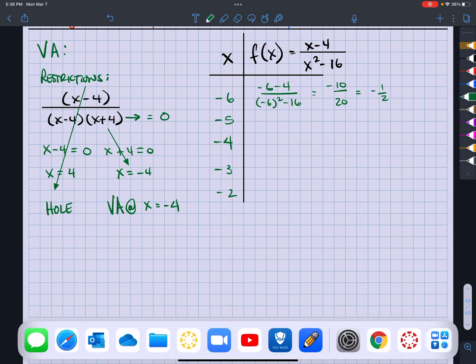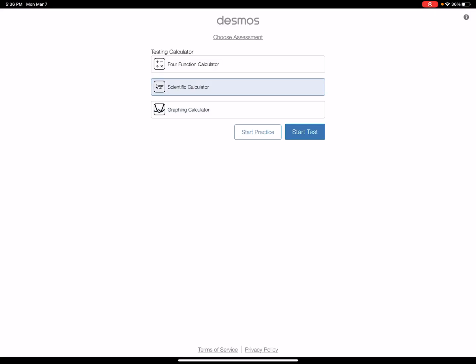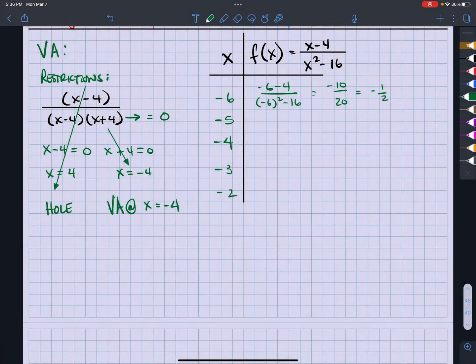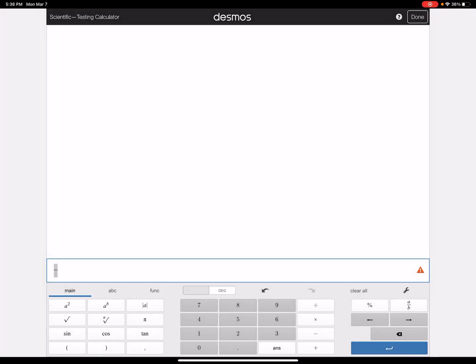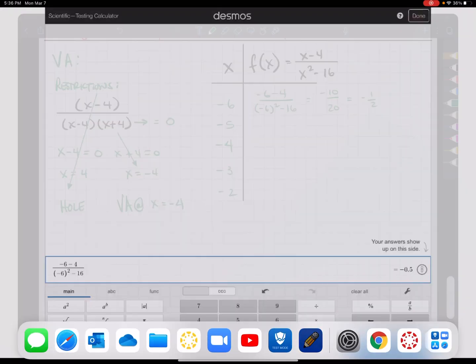And let's double check this with test mode. Yep, negative 0.5, so that's correct.